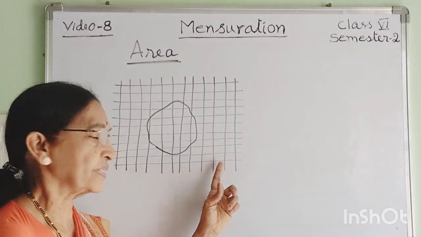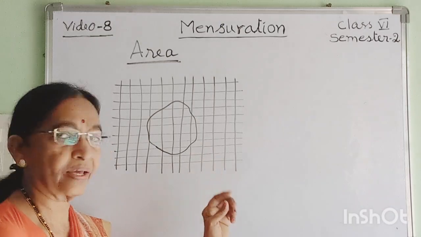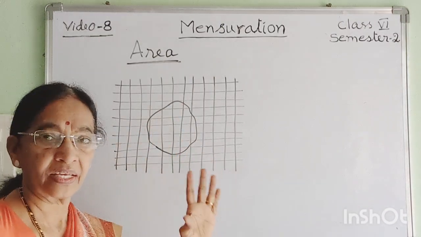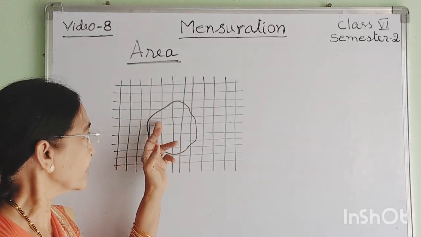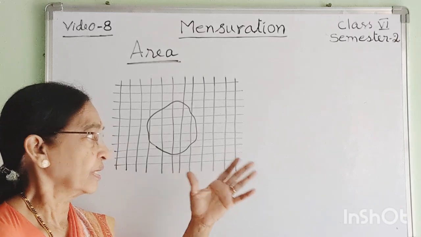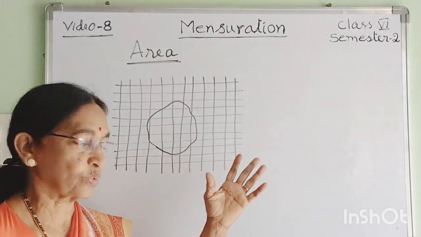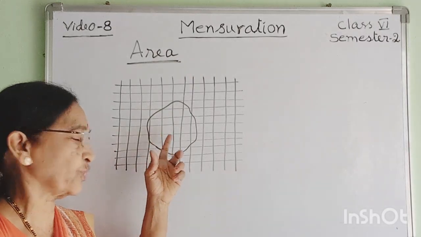See, this is a grid paper. The grids are centimeter by centimeter, and there is a closed figure on it. By counting the square centimeters, we can say that the area of this closed figure is the sum of the small squares.